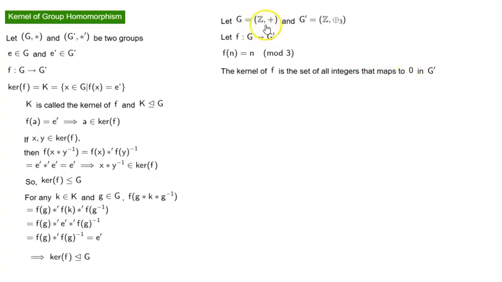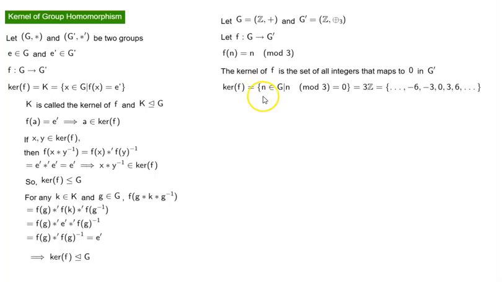So remember, here we have all the integers in this group, all those integers which map to the identity of G prime. And what is the identity? It is 0. So that set of elements of the group of integers under addition which maps to 0 is called the kernel of f.